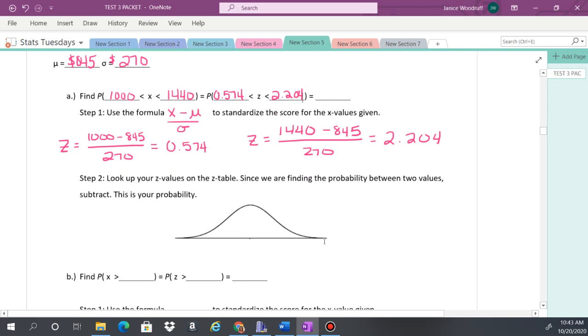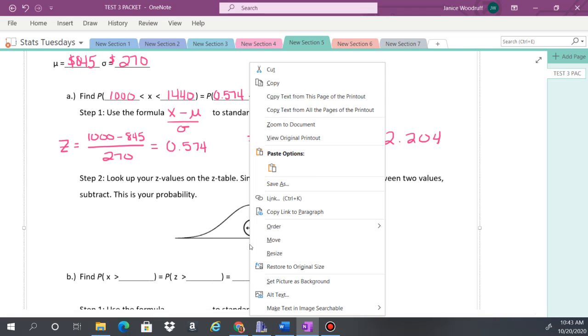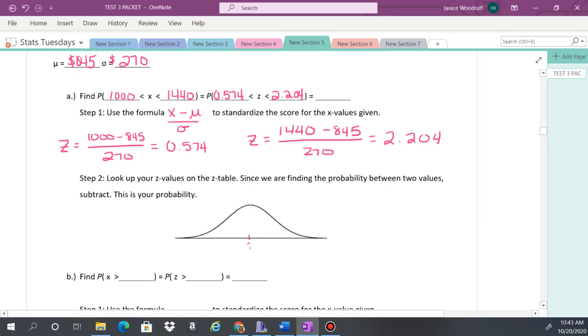From there, we can plot this on the normal distribution curve to see what this is going to look like. In the middle of our curve, our mean is 0 because we've standardized it, making the mean 0 and the standard deviation 1. So here would be 1 and 2. I'm going to say that 0.57 is probably right in between 0 and 1, about right here.